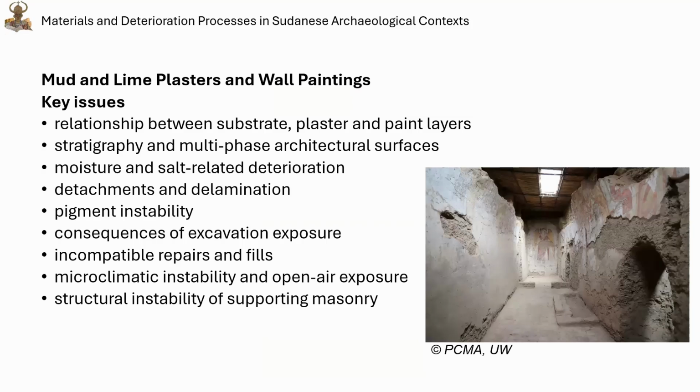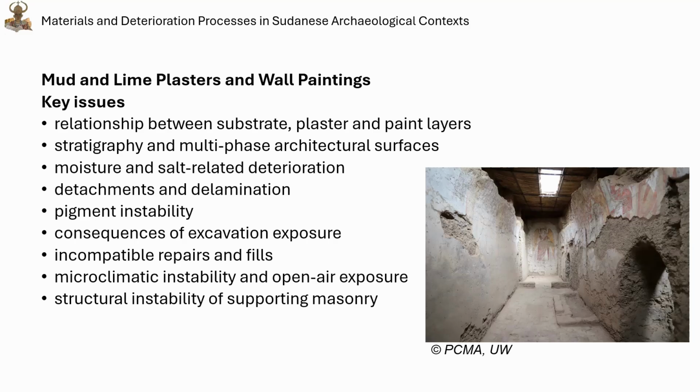We have also mud and lime plaster with wall paintings, for example, in the case of Dongola, and they must be understood as a layered system rather than isolated surfaces. So they consist of a substrate, plaster layers, preparatory layers, paint layers, and often later modifications, such as whitewashes or repairs.